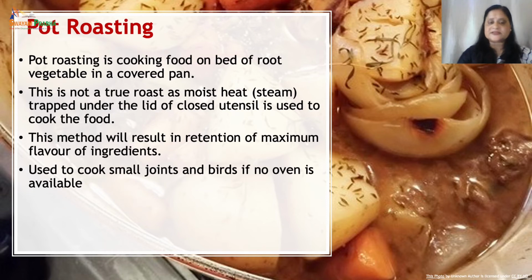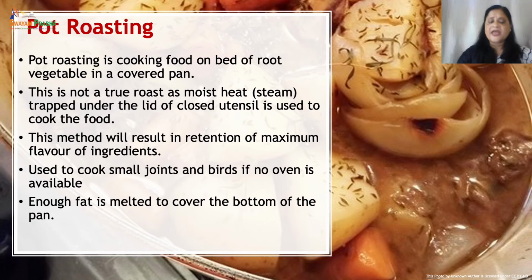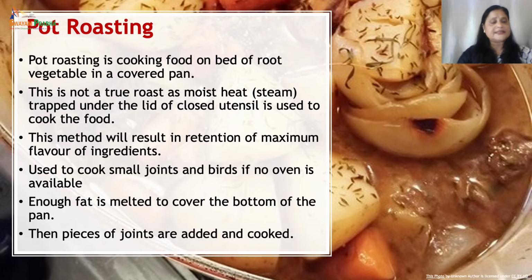This method is used to cook small joints and birds if no oven is available. Enough fat is melted to cover the bottom of the pan. Then the pieces of joints are added and cooked.